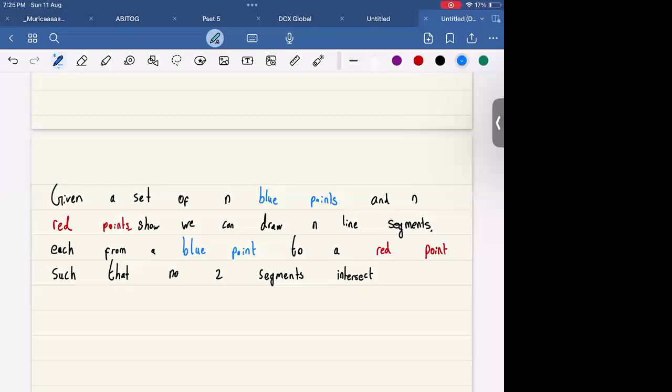So if we consider two segments, if we first just draw them randomly, and if we consider two segments, so two blue points and two red points which are connected, if they intersect, we swap how they're connected. Okay.